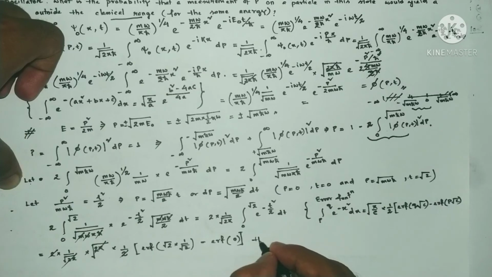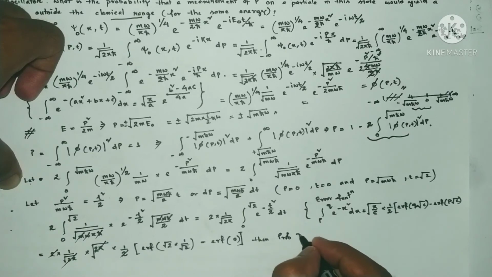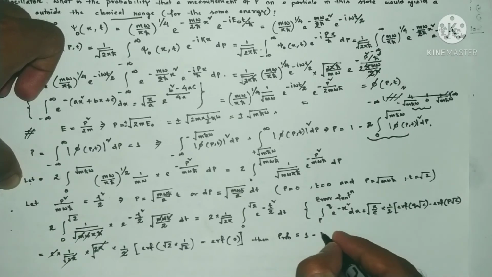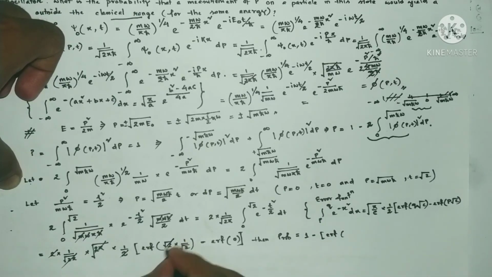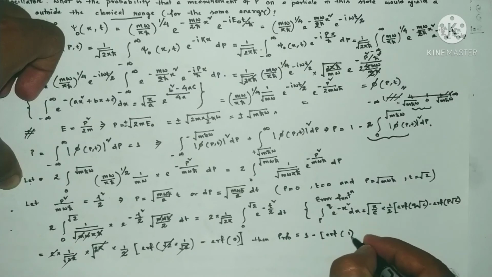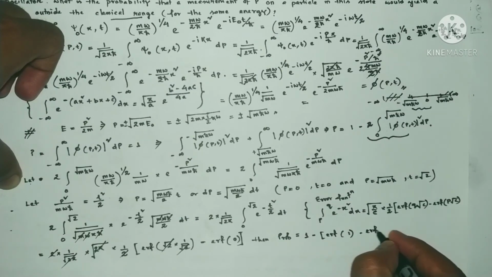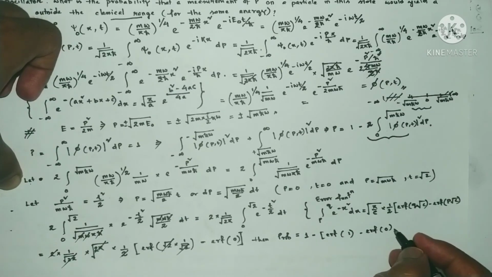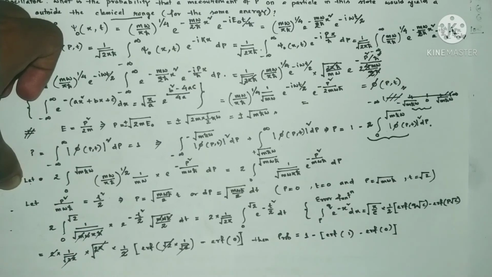Then you can write our probability that would yield outside the classical range is 1 minus error function, this root 2 and root 2 will get cancelled and we will get 1 minus error function 0, right?